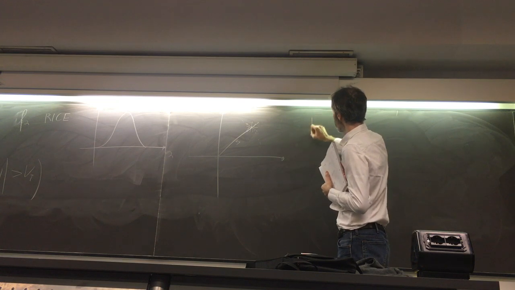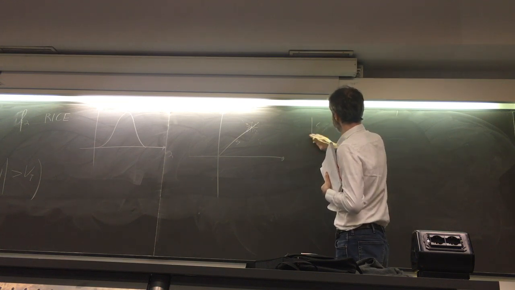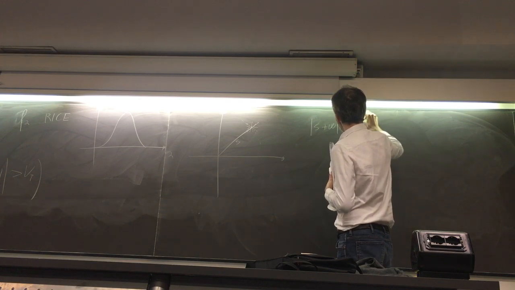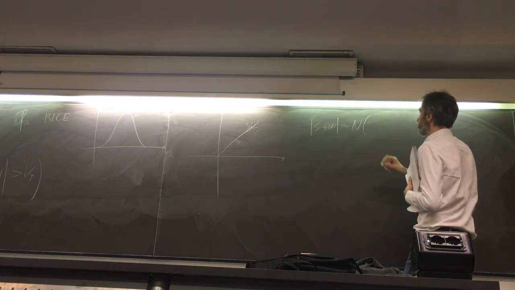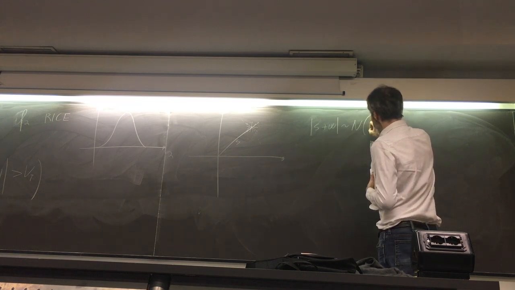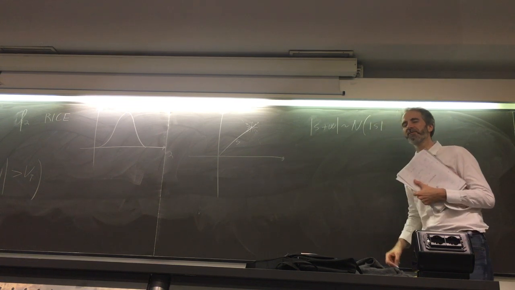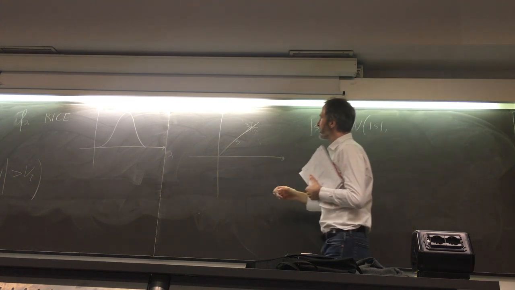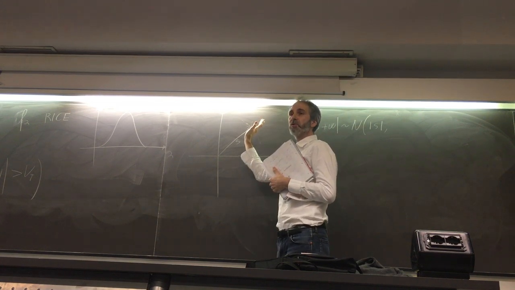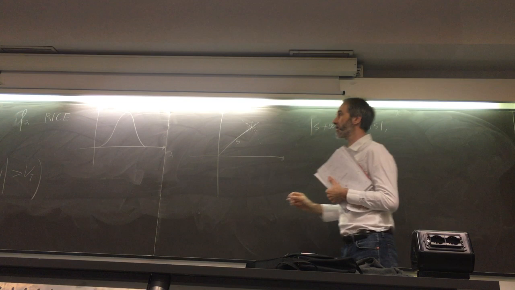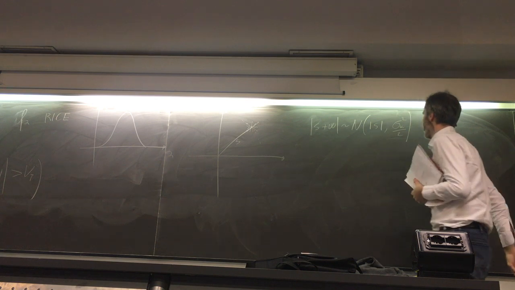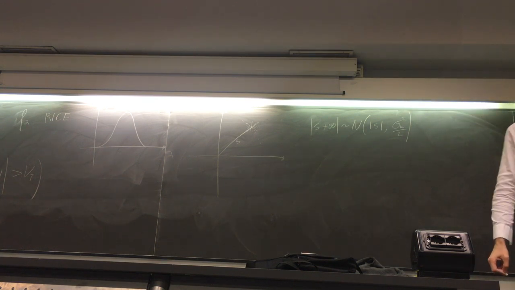So you can approximate this by saying that this is a real Gaussian variable, whose expected value is the absolute value of the signal in the absence of noise, and the variance is just given by the component of noise along a single direction. And so this is half the variance of the noise.